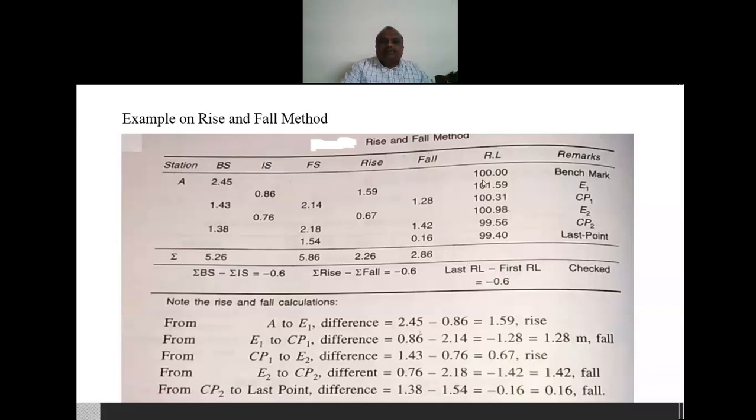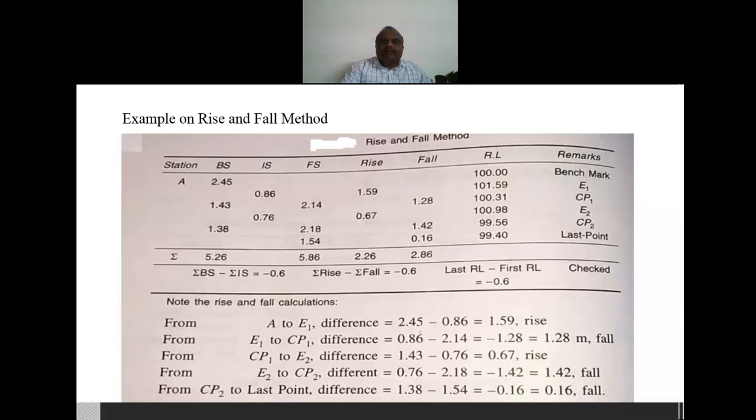So here also you have to do the arithmetic check, that is sigma BS minus sigma FS, and that is equal to sigma rise minus sigma fall, that is equal to last RL minus first RL.